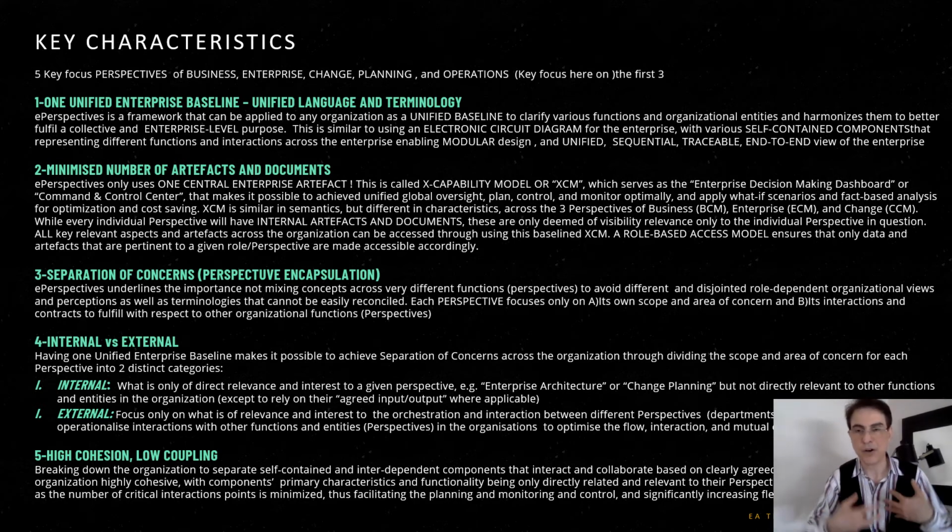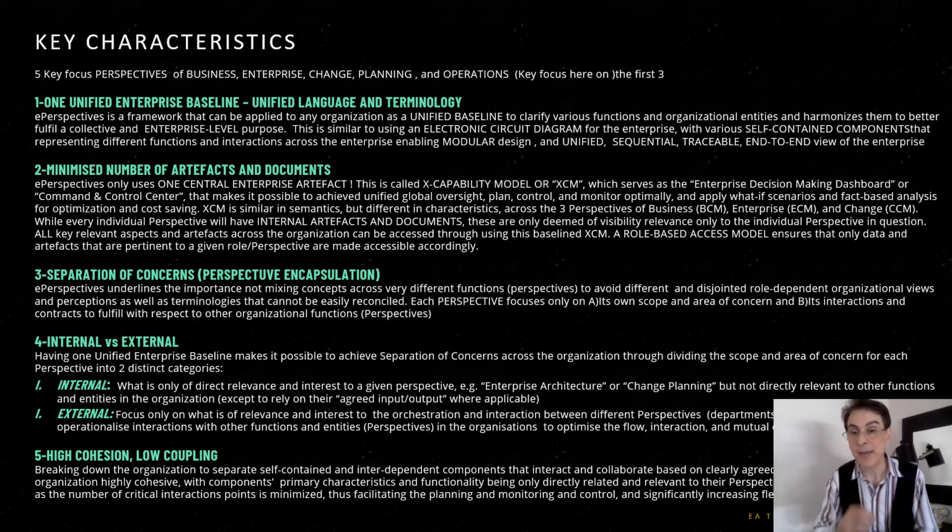So the output for us becomes the input to the next perspective, as we've shown, similar to an electronic circuit traceable diagram. So in here, for example, within the enterprise perspective, we mentioned technology, application, and data architecture.